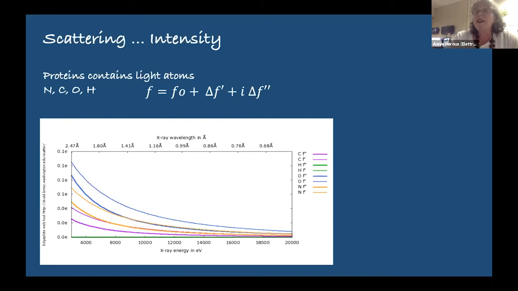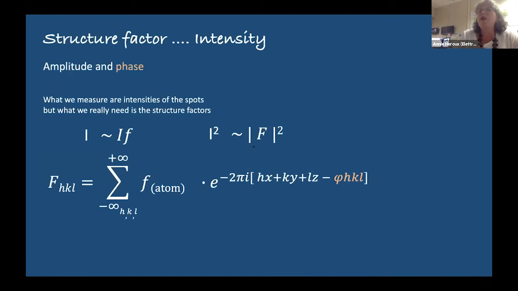So being able to figure out the intensity and most importantly, the structure factor, because every atom that is in your protein will contribute to the intensity of the spots. Sometimes very little, but in some orientation of your crystal, when you go through and you hit on some particular position, then you will have a lot more contribution from certain atoms.